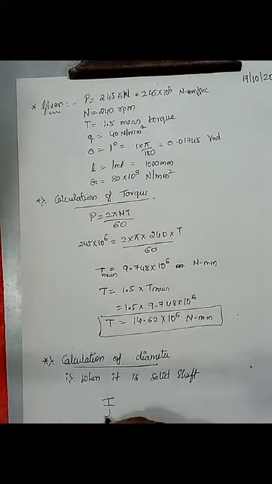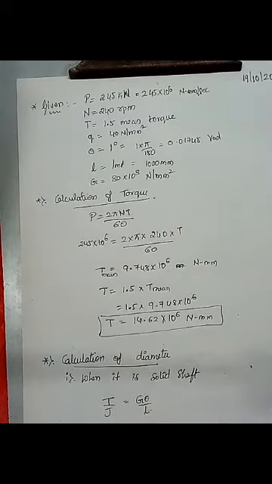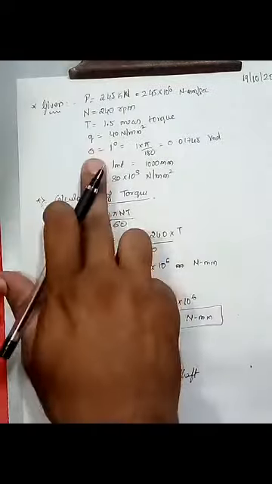We know T by J equals G theta by L. Relate this, because G theta by L is also given, and q is also given.